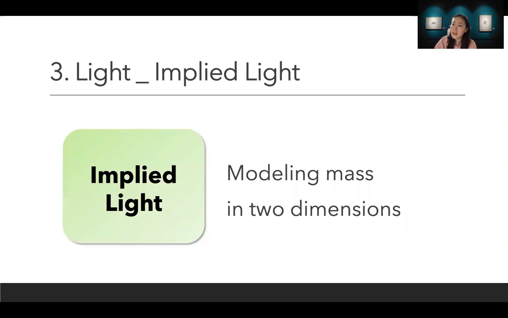So like other elements we just learned, light also has implied light. And implied light means modeling mass in two dimensions. An artist uses light and shadow to model objects in two-dimensional works, meaning to give them a three-dimensional appearance.